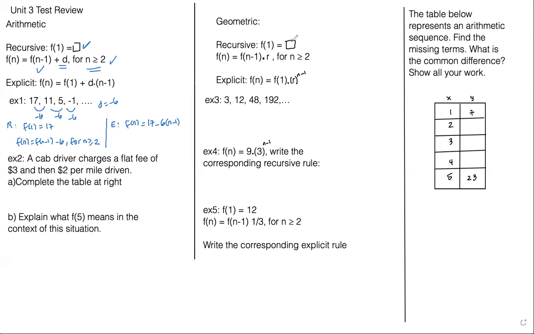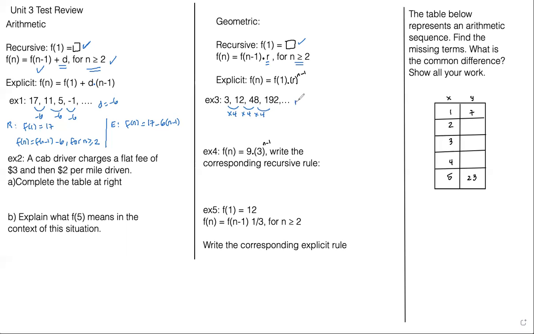For geometric, it's very similar. For recursive, you state f of 1, then f of n equals f of n minus 1 times the common ratio, and also for n greater or equal to 2. For explicit, you would say f of n equals f of 1 times r to the n minus 1. For example, you go from 3 to 12 to 48 to 192. Notice that we're multiplying by 4 every time.